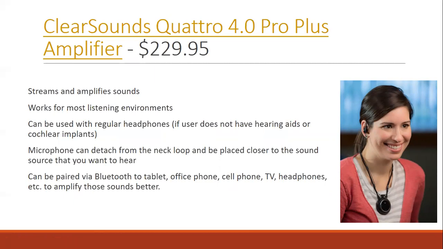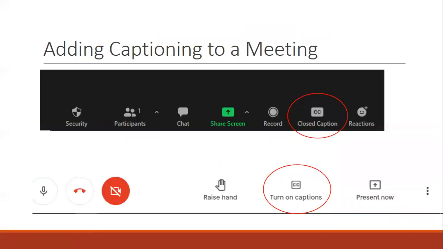It'll take any sounds in the area and make those louder in the headphones. But it has a part that comes off and can be sat somewhere else in the room and increase the amplification that way as well.